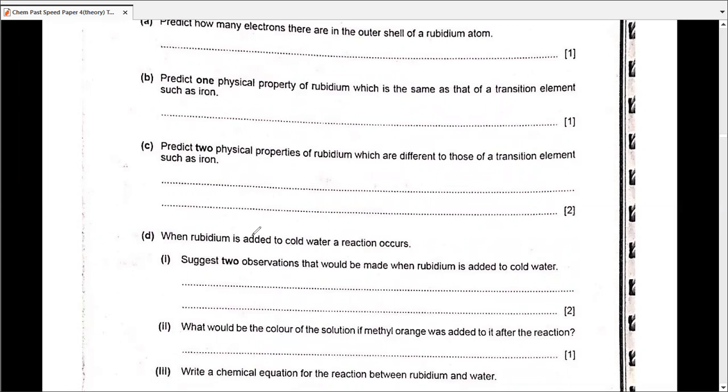These are not the properties which are the same in a transition element and in an alkali metal. So what is the same in terms of physical properties for transition elements and alkali metals? Think, come on, be quick. That is easy.